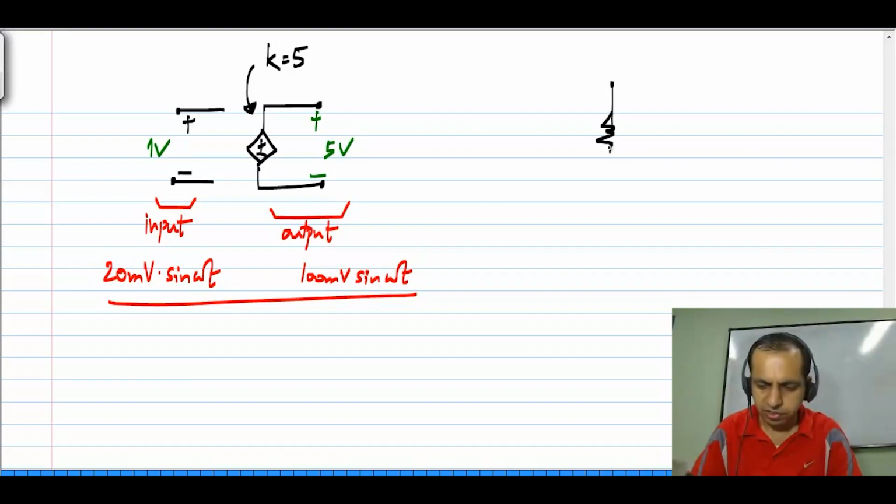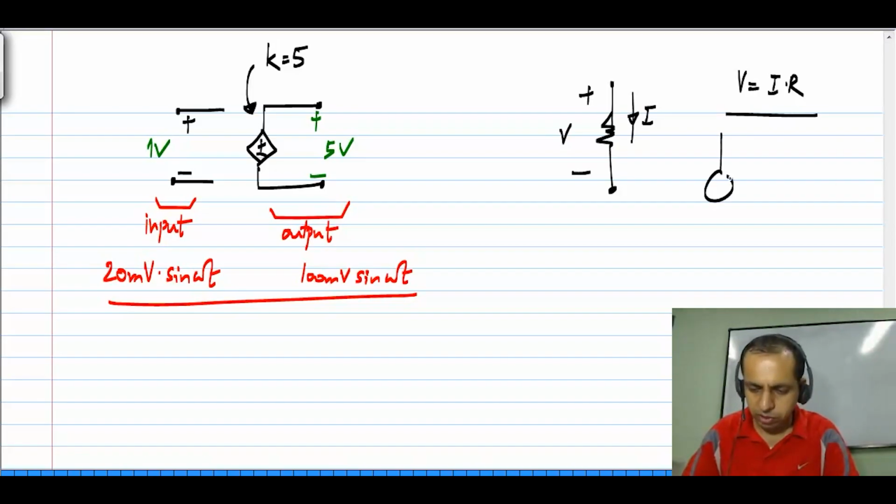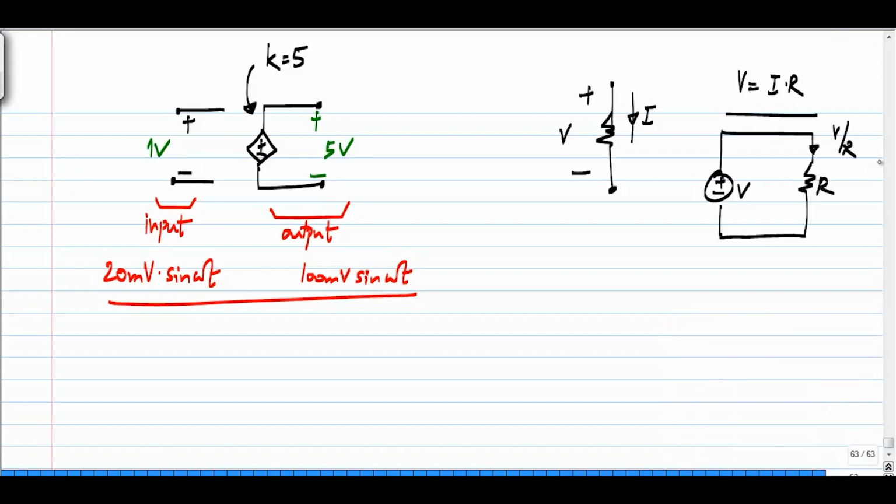You take a resistor, it has this relationship V equals IR, which can be interpreted both as applying a voltage V, which results in a current V by R, or applying a current I, which results in a voltage I times R across the resistor.